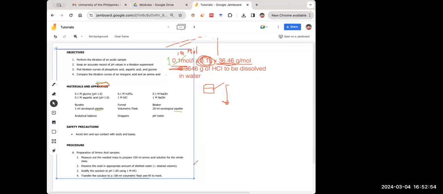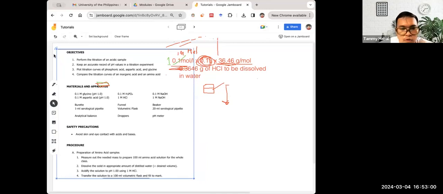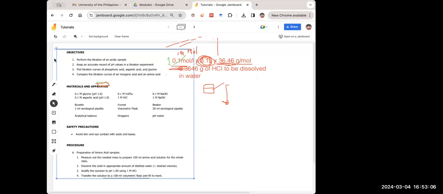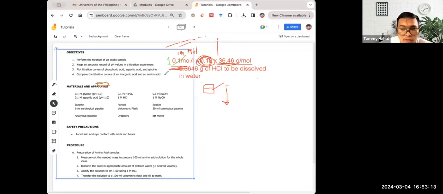Serological pipette, isn't that the one that you can use your thumb to... You're correct. So why do you use your thumb? It sucks in liquids, right? And then you can drop it. Good. You suck liquid. In technical terms, you transfer solutions using your pipette.